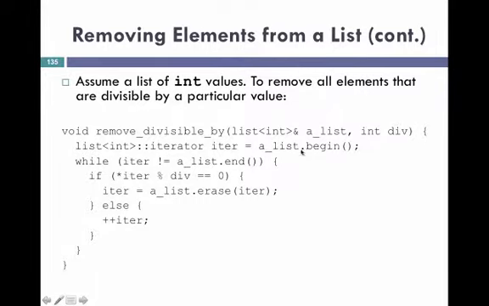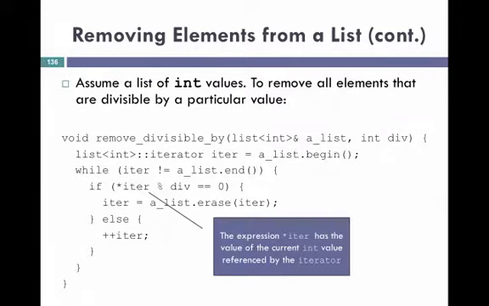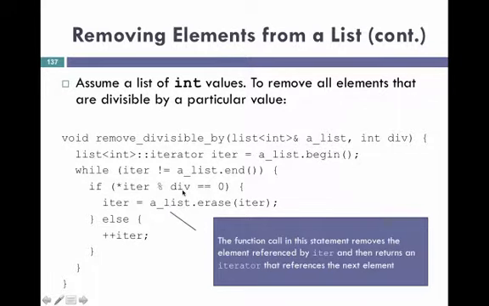And here we initialize an iterator to point to the beginning of the list, and while we're not past the end of the list, the expression star iter, that's the dereferencing operator, gets the value of the current integer referenced by this iterator, and if it's evenly divisible by the divisor, then we call erase to remove that element from the list.